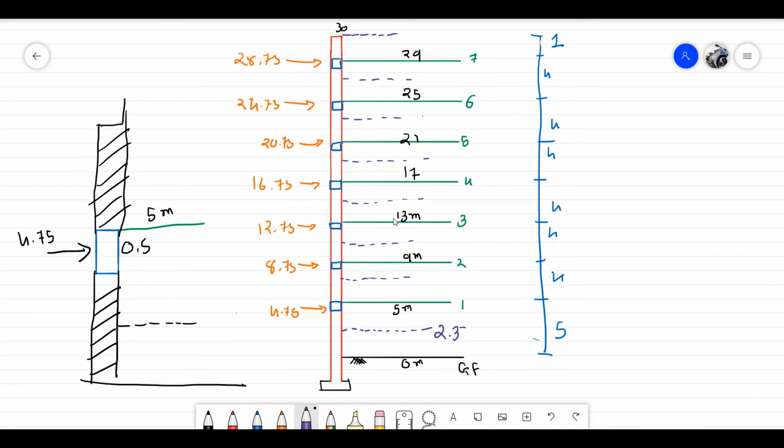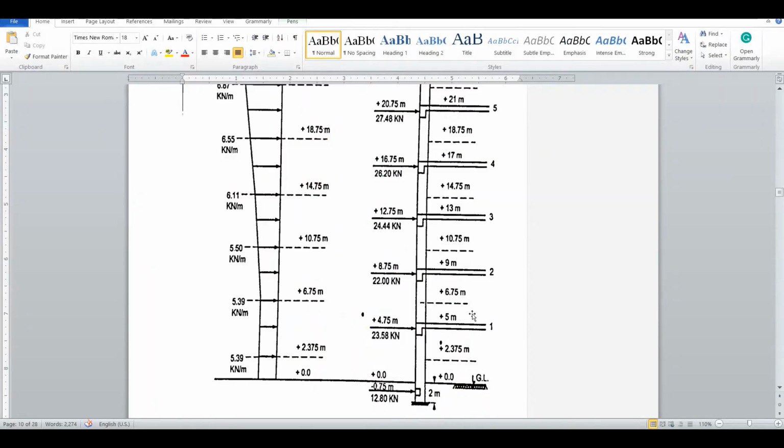How we got 4.75 divided by 2, right? And here the second one, 8.75 plus 4.75 divided by 2 is 6.75 meter. Is 6.75 meter, right?